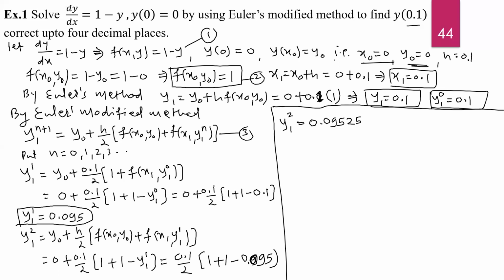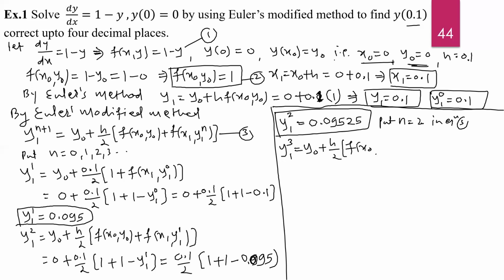Next iteration, put n is equal to 2 in equation 3. That is y suffix 1 raised to 3 is equal to y naught plus h upon 2 in bracket f of x naught, y naught plus f of x1 comma y1 raised to 2.